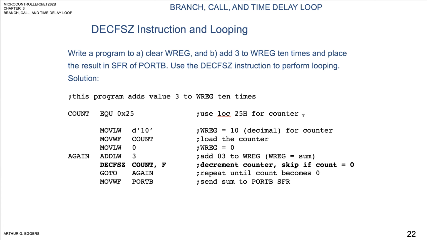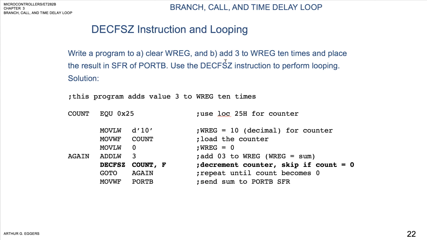The explanation is that the DECFSZ instruction will decrement the counter, the file register at location 0x25, which has a 10 in it. It becomes 9. Because it's not 0, it will execute the GOTO again.